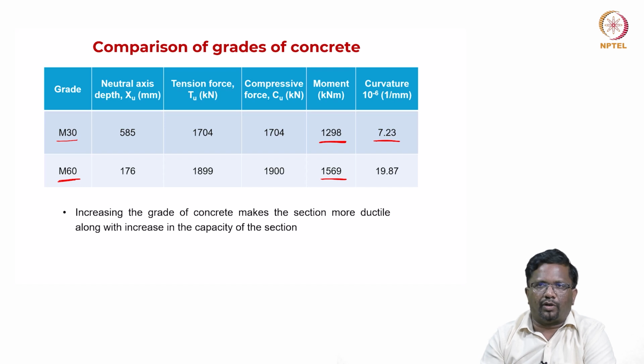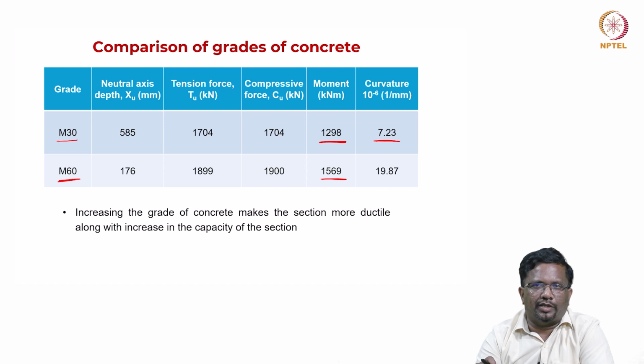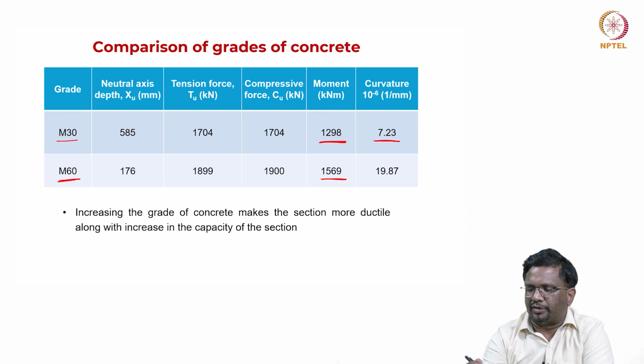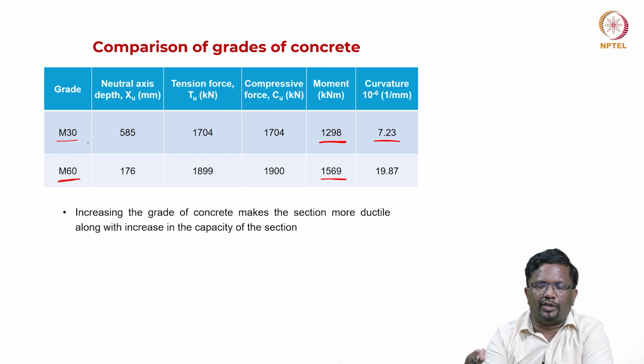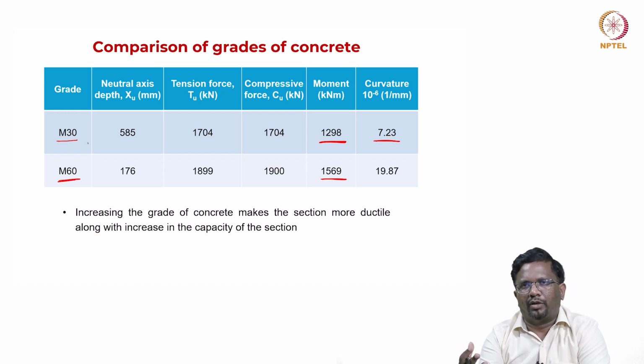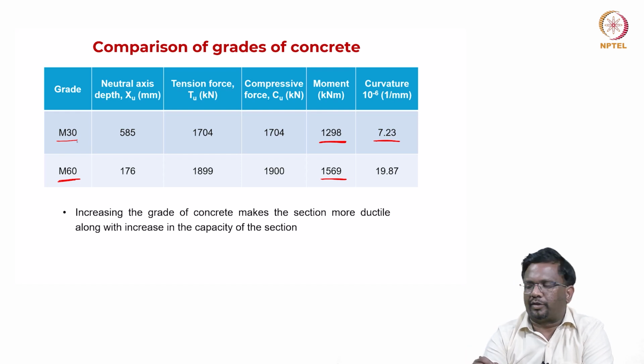When the section is failing by steel yielding, by changing the concrete compressive strength, you will not get much benefit. Okay, that is the reason. So in flexural demand, you have to play with the steel. Either you have to increase the steel, or you have to use high grade steel to get higher capacities. But changing the concrete strength will not give that.